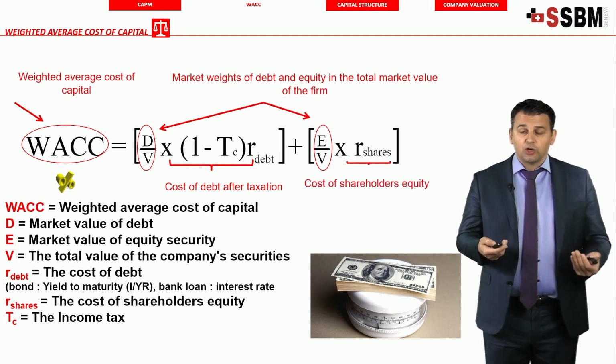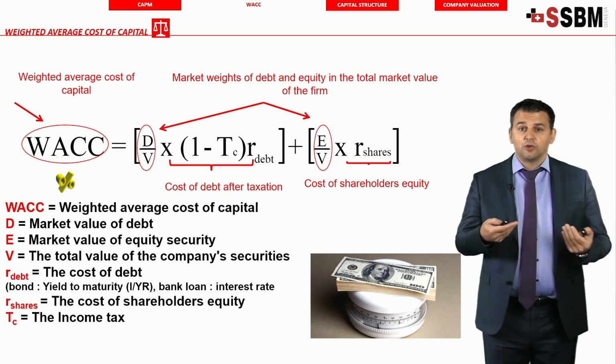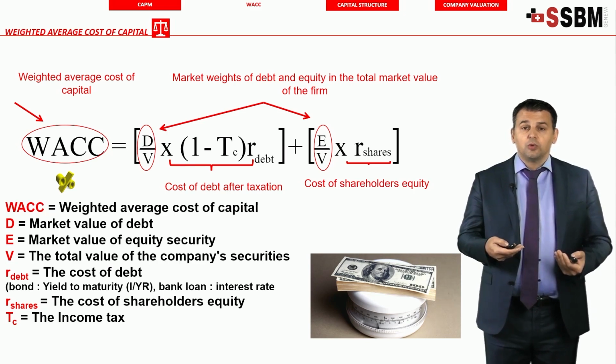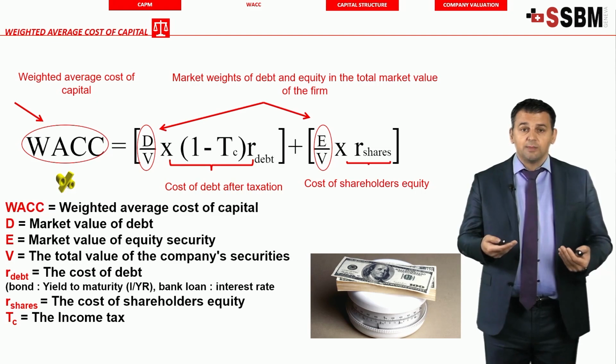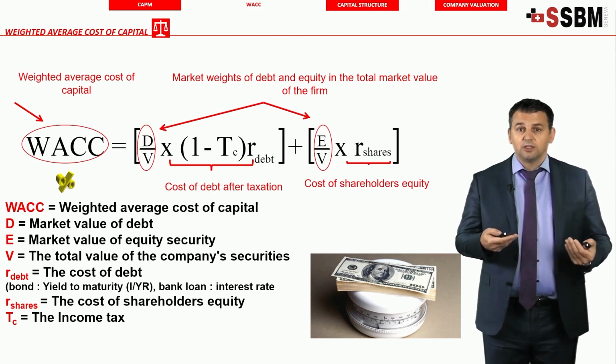In the case of the shareholders, you just multiply the weight of your equity in total financing times the cost of your shares. So this is the cost of the shareholders' equity. You can notice here that there is no tax shield, there is no times 1 less T, because the dividends do not impact the profit tax.